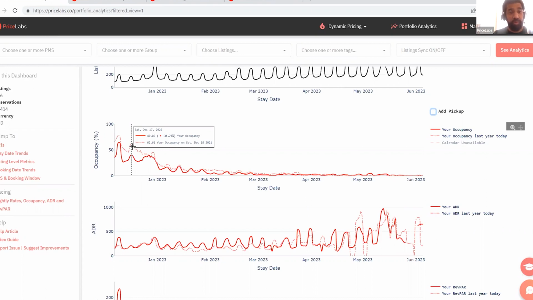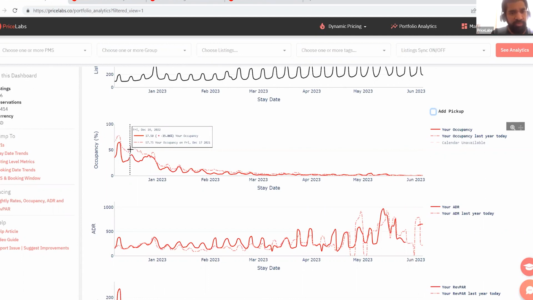My occupancy for that December 17th date is trending about 34% below, right? And what we have done here is we're not comparing exact dates. We do compare days of the week to make it a little bit like for like, right? Because comparing December 17th, which is a Friday, to a Saturday may not be as useful as comparing the December 18th Saturday. So you can quickly see how you're trending.